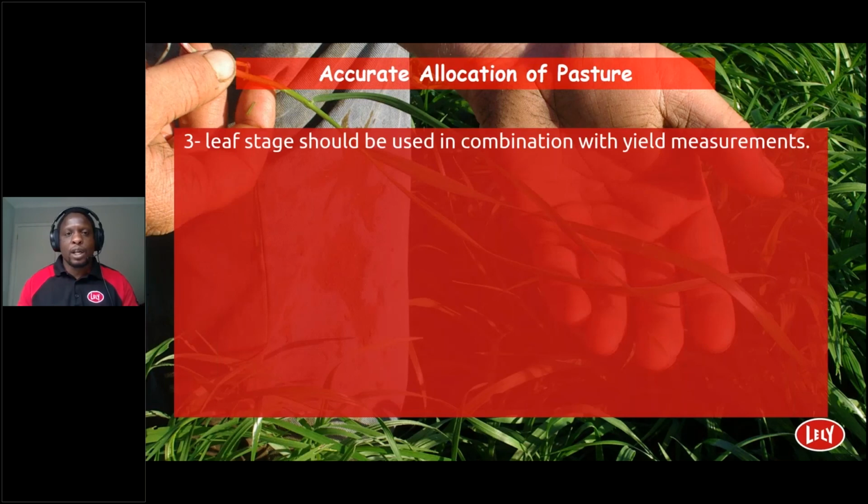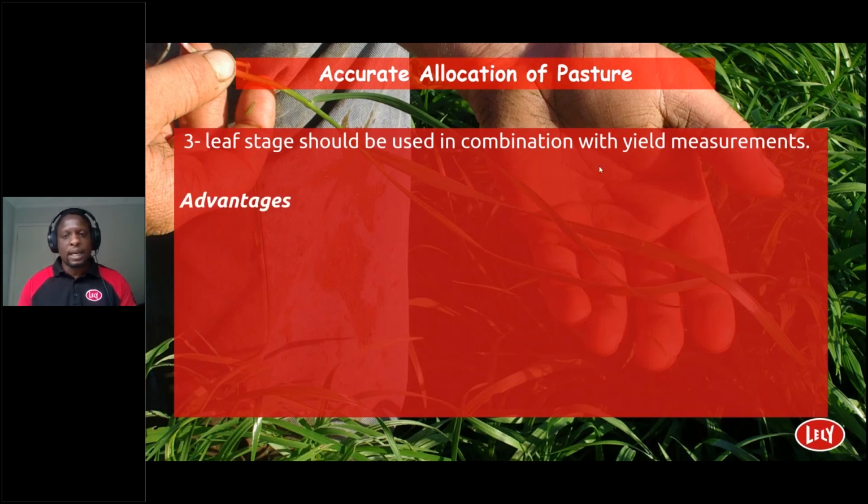Therefore, in order to accurately allocate your cow's pasture, you need to use the 3-leaf stage in combination with yield measurements, and you also need to consider the pasture quality and feed demand information.